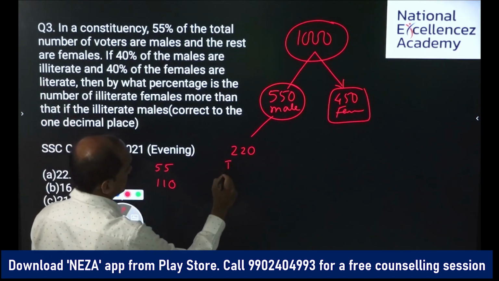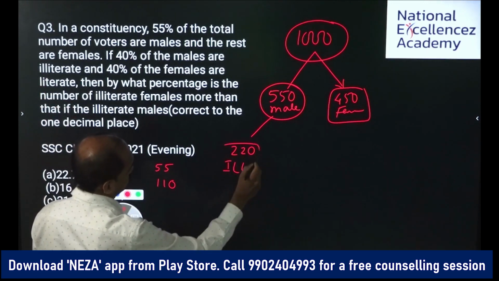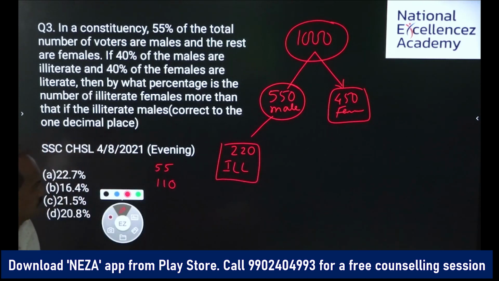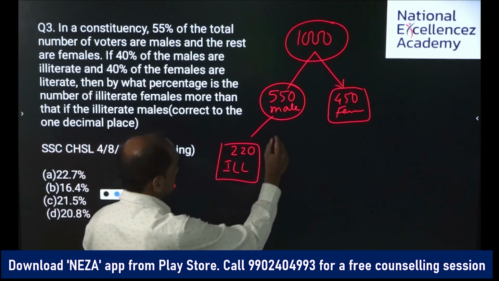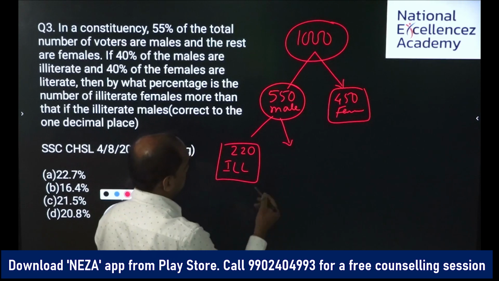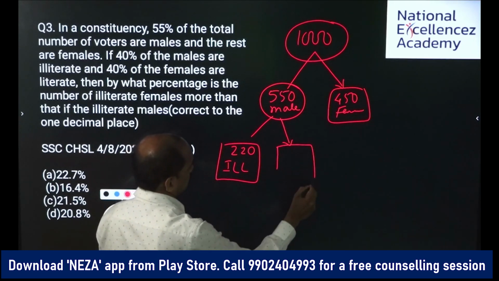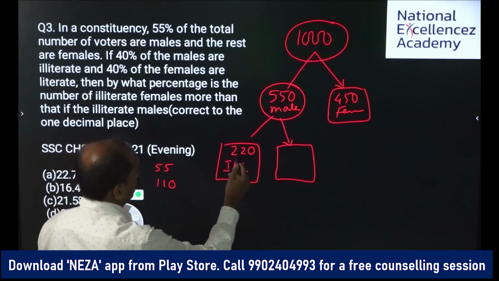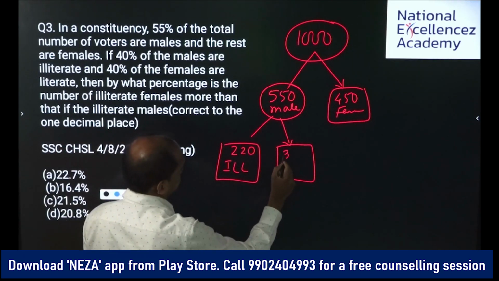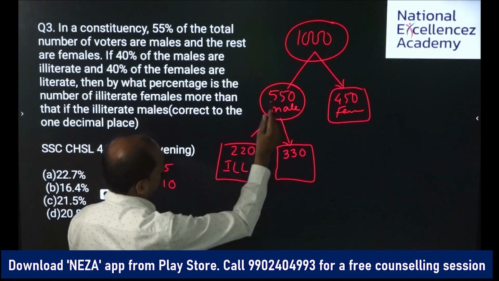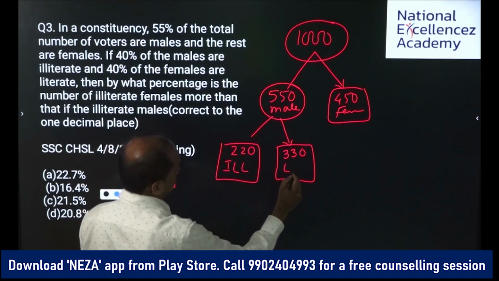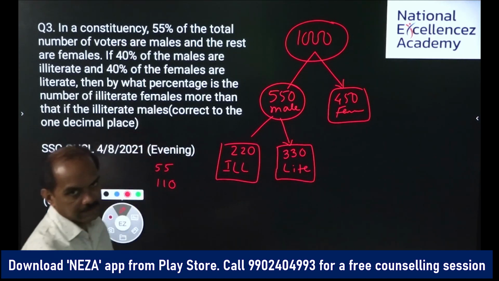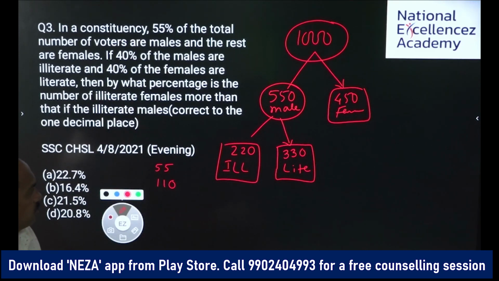These many males are illiterate. Meaning remaining are literate. Okay. That we will find out later. Otherwise, 220, 330, 220 together 550. These many will be surely literates. This is the end of males.